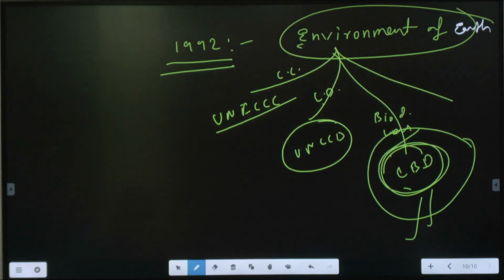SBA is operational in many states of the country.